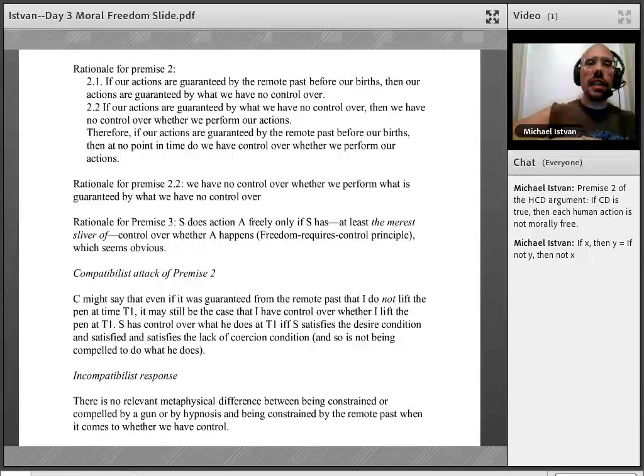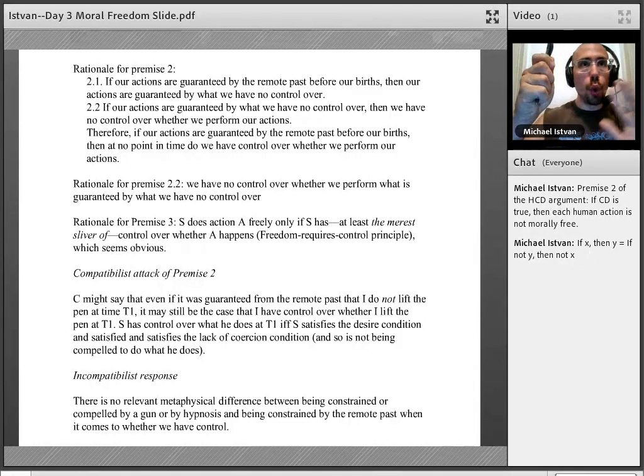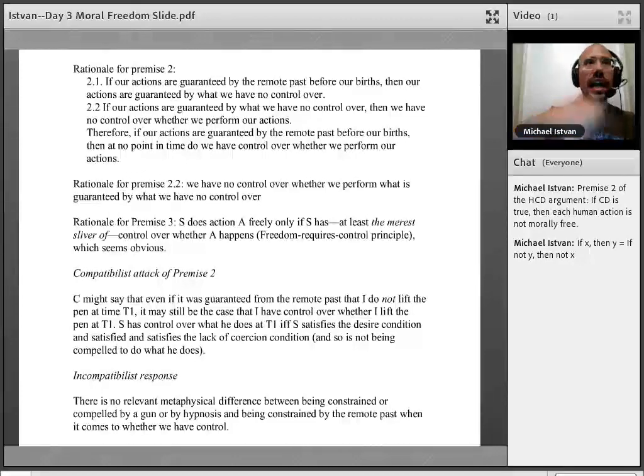If my lifting the pen right now is guaranteed by what I have objectively absolutely no control over, then it seems obvious that I have no control over whether I lift the pen right now. My lack of control over whether the sufficient cause of effect A occurring right now exactly as it does entails my lack of control over whether effect A occurs right now exactly how it in fact does. So you see, it parallels what we were talking about with the earlier 2.2, the abilities version of 2.2.